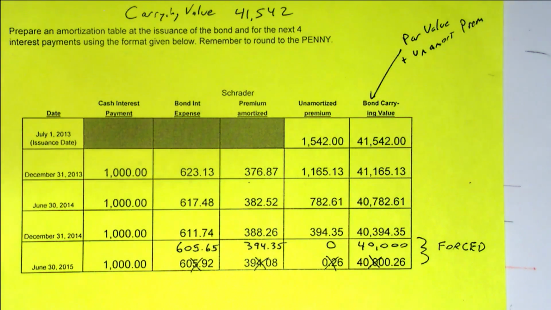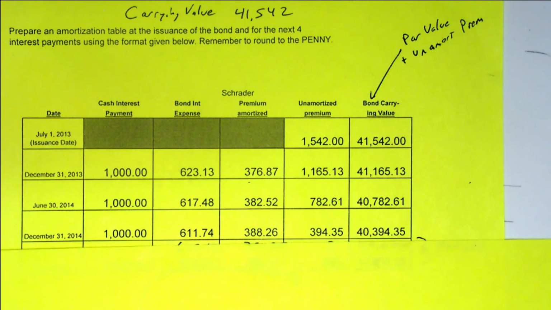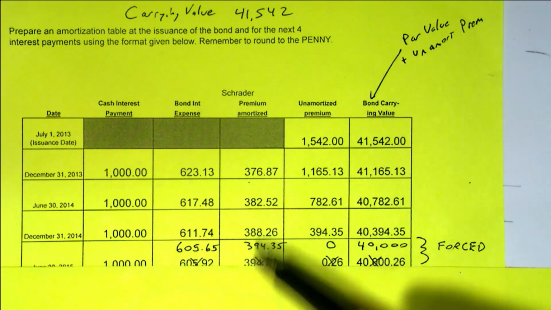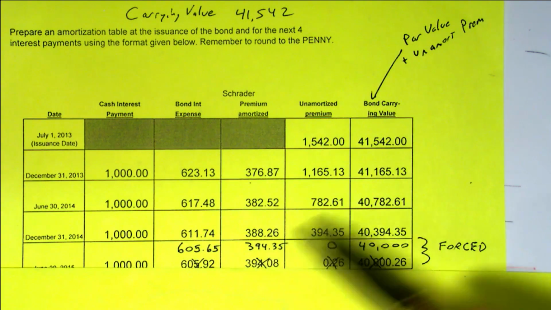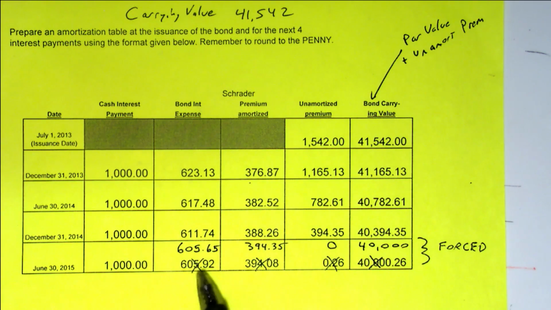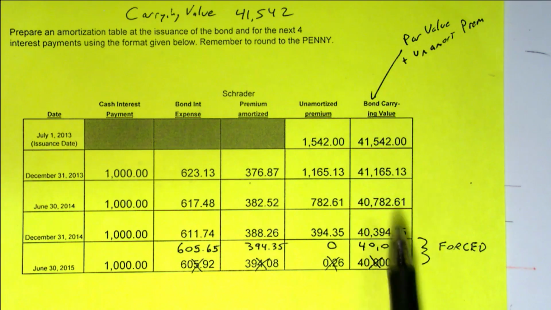So again, the way that I think through this is if I know I only have 1 period left after this one's shown, I know I have to amortize that full amount of premium, okay? This is 1,000, and then this is just the difference between these two. That has to go to 0. This has to go to par value.